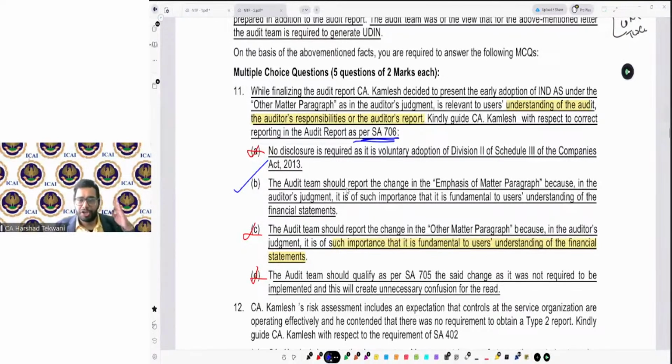Early adoption of a different financial reporting framework is not related to audit. It is related to the preparation and presentation of the financial statement. Management is giving disclosure. I will reiterate that it is fundamental to the user understanding of the financial statement that this time they have adopted it. So the correct option will be B.